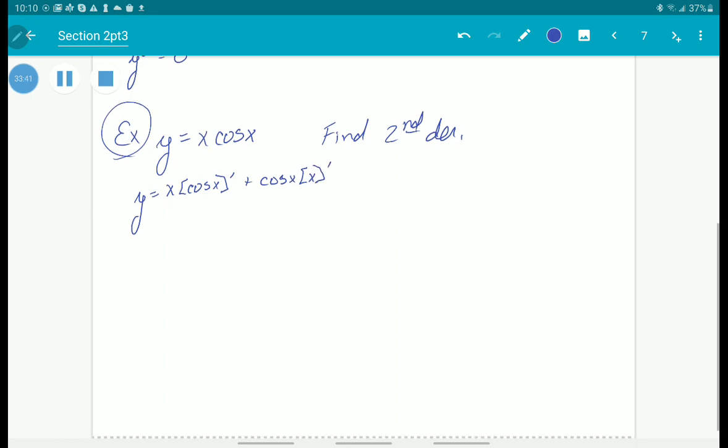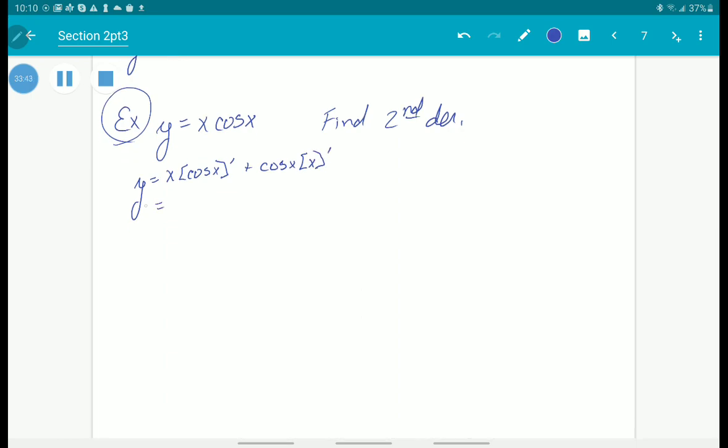So there's my setup. Take the derivative. Derivative of the cosine is negative sine. Derivative of x is 1. Clean it up. So I have negative x sine of x plus cosine of x.